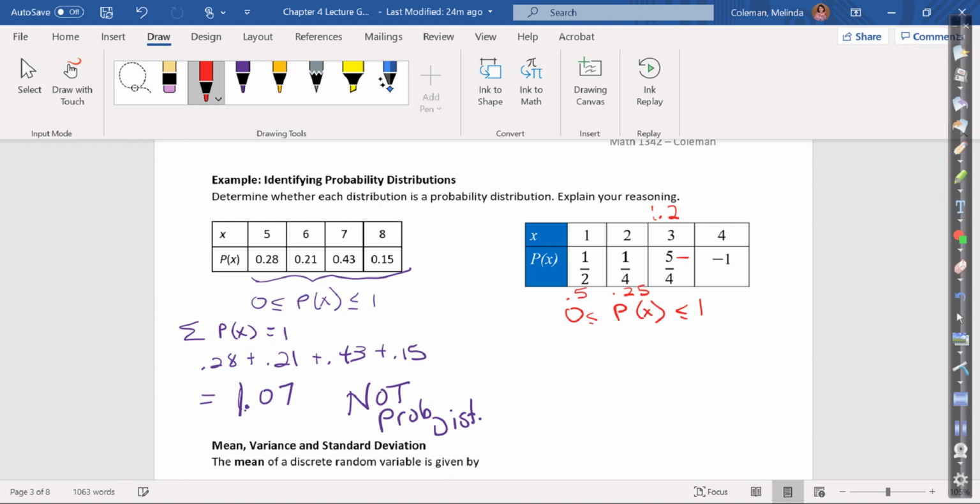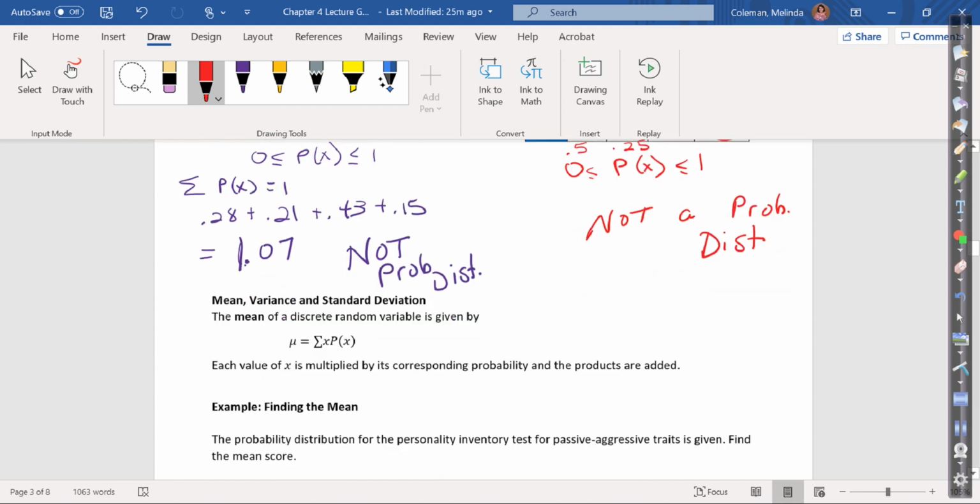It's 1.25. It's an improper fraction, if you remember that from elementary school. And then the last one, obviously, is negative, which is less than 0. So this is not a probability distribution. You don't even have to worry about whether it adds to 1 because it's not a probability distribution because of the negative number and the number greater than 1.